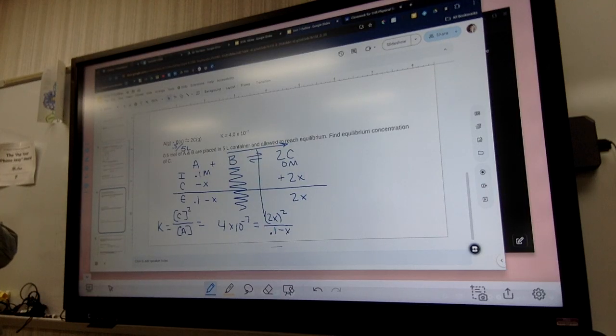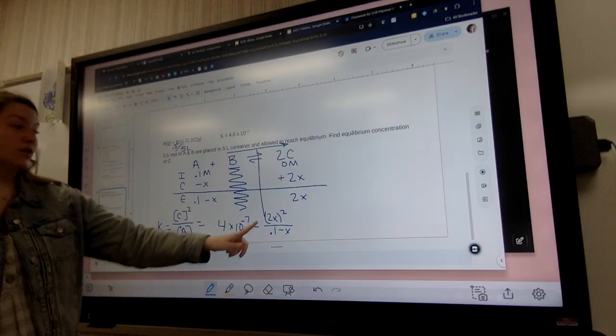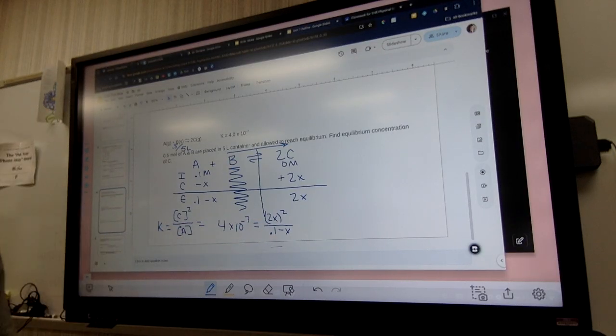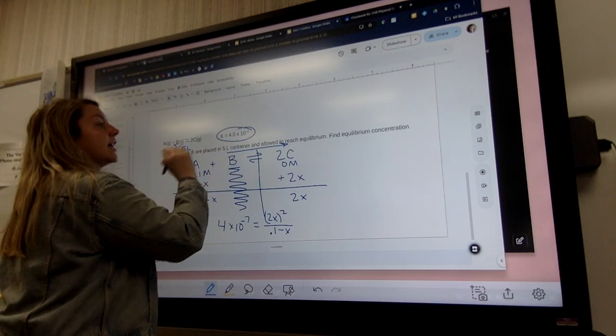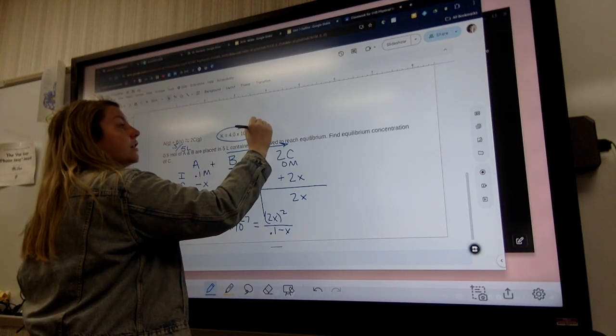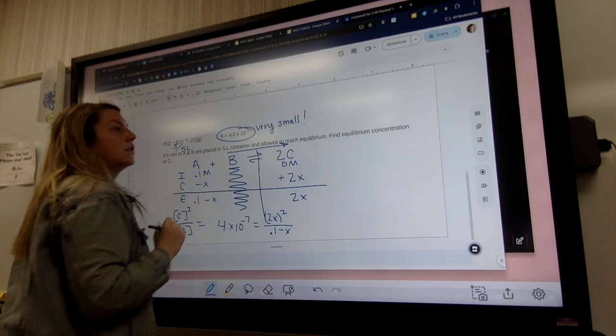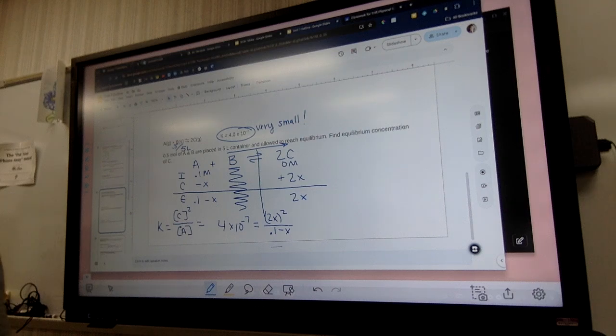Now, in this situation, it's going to get yucky, because notice I can't take the square root of both sides, since this expression is not being squared like it was before. But looking at this K value, it is very small, which means there's not a lot of change happening.